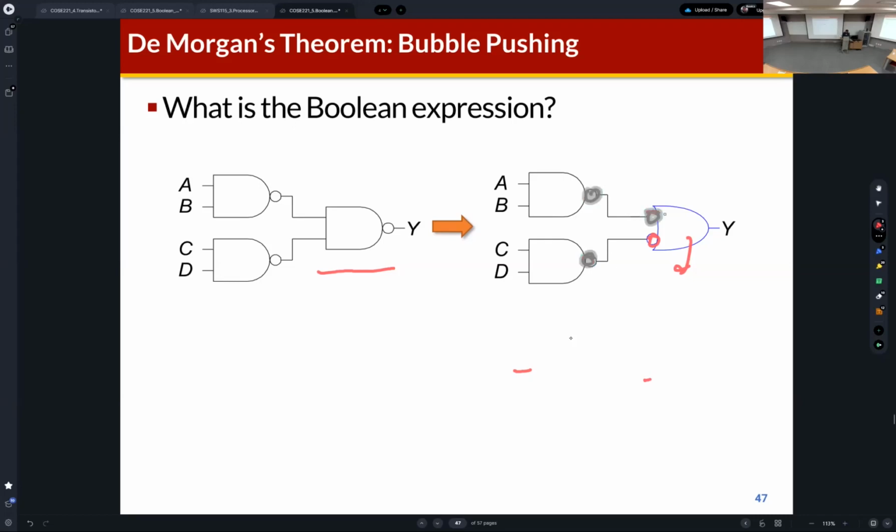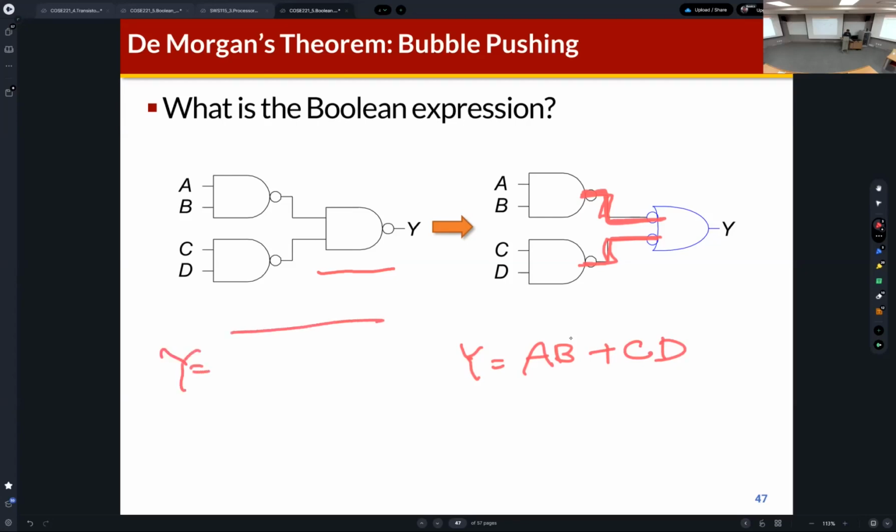So we can just connect this line like this. What does that mean? The result is y equals AB plus CD, and the original gate is y equals the inversion of AB, the inversion of CD. This is the same.